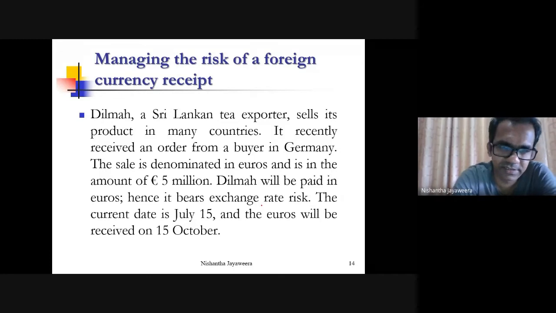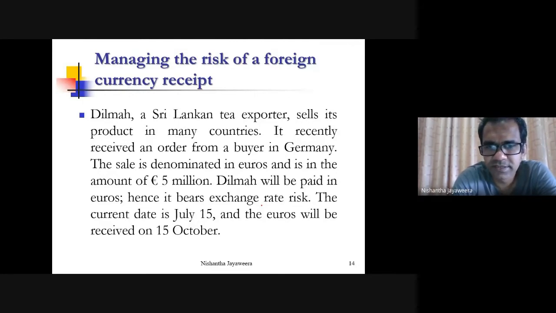But in this transaction, the local party is receiving foreign currency. The local party has priced the product in foreign currency, but whenever the exporter receives that foreign currency, he has to convert it into rupees, the local currency.